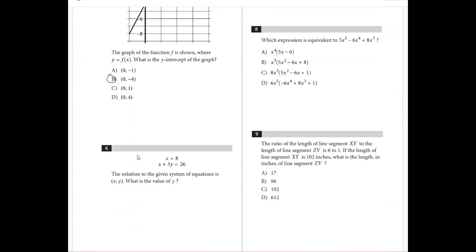Okay, question number 6. What is the solution to the given system of equations x, y? What is the value of y, excuse me? All you have to do is put that 8 instead of x, which is equal to 26. 3y is equal to 18. y is equal to 6.